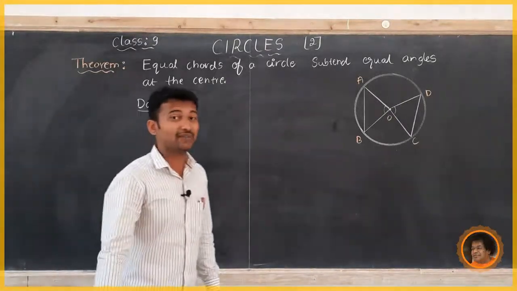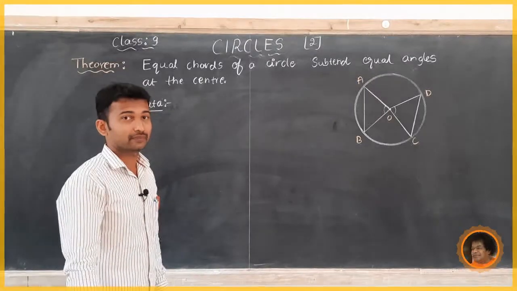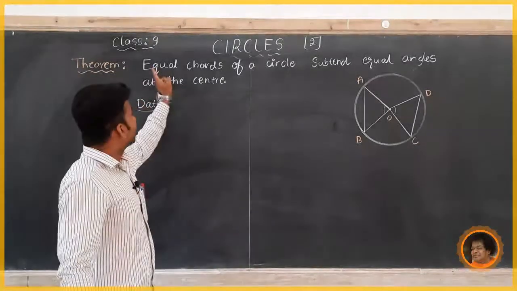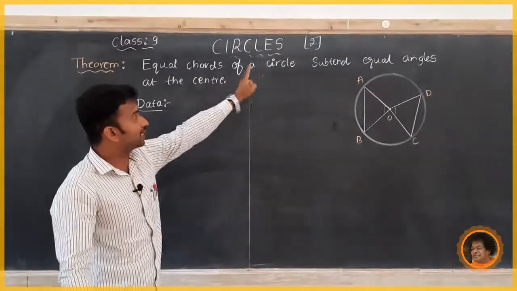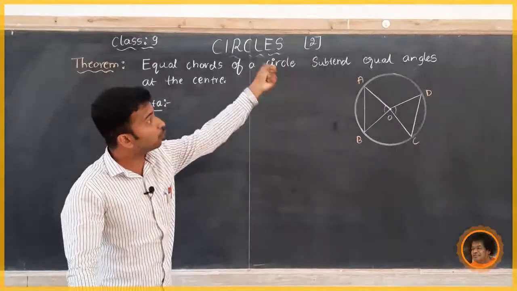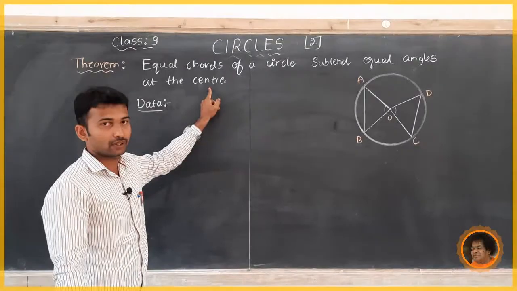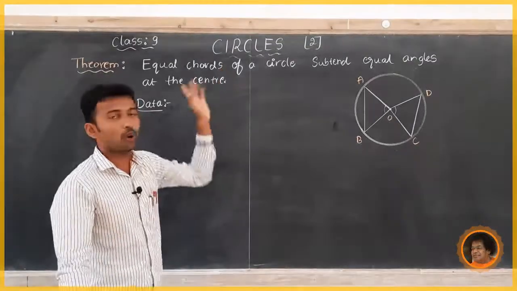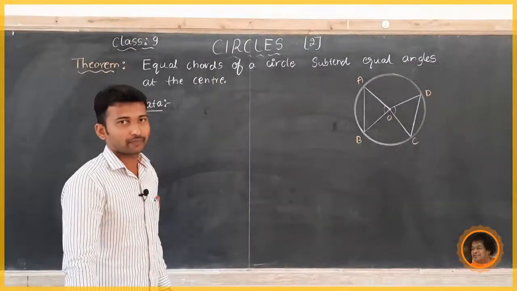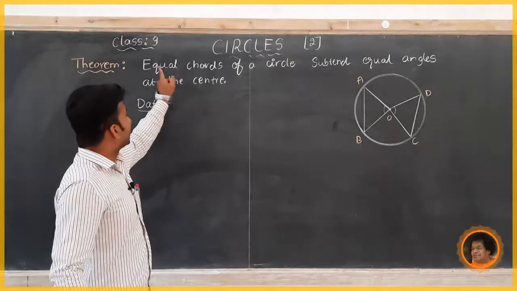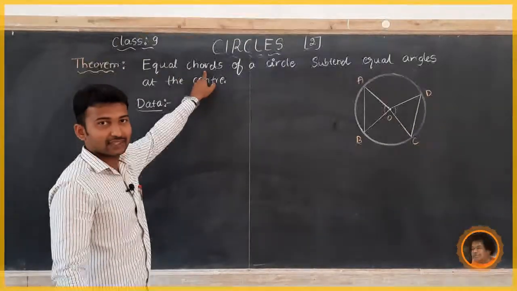Dattamsha, what is given in the theorem as a hint. Equal chords of a circle subtend equal angles at the center. In this theorem, what is data? Equal chords.